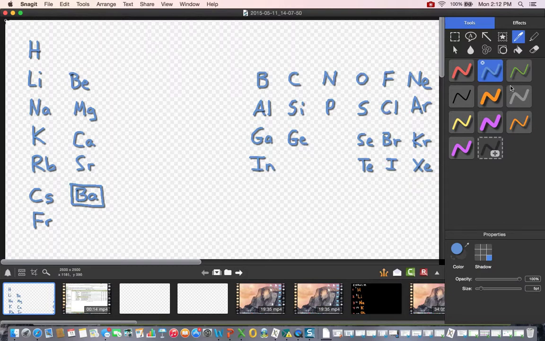By the way, if we start numbering the elements in terms of atomic numbers, of course, let's not forget about helium, which is element number 2.